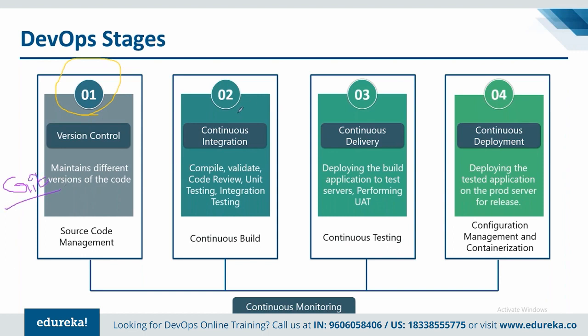Then in terms of continuous integration, here we simply compile the code and validate the entire code. That means the coding is done properly, and we perform multiple unit testing and integration testing, right? The major popular tools here are Maven for continuous build, and Jenkins, as we discussed, as the most popular tool for continuous integration.